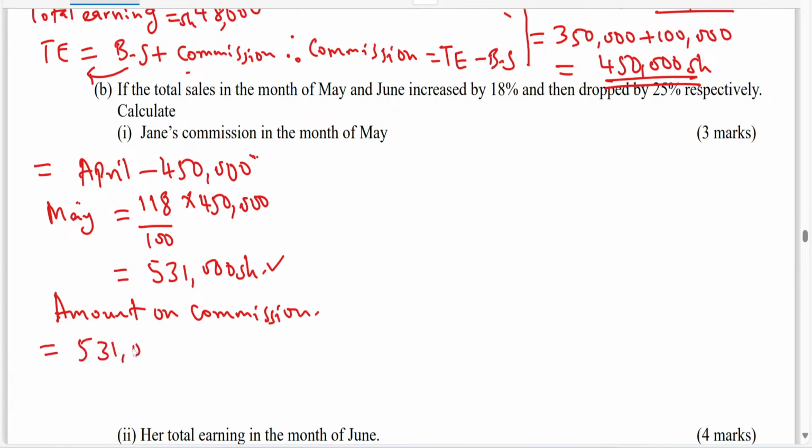So the amount on which commission was charged should be 431,000.